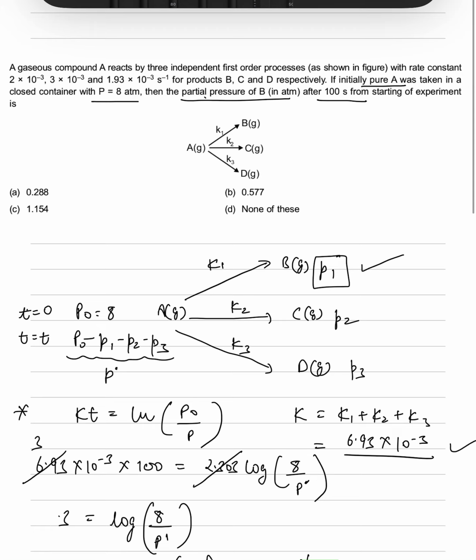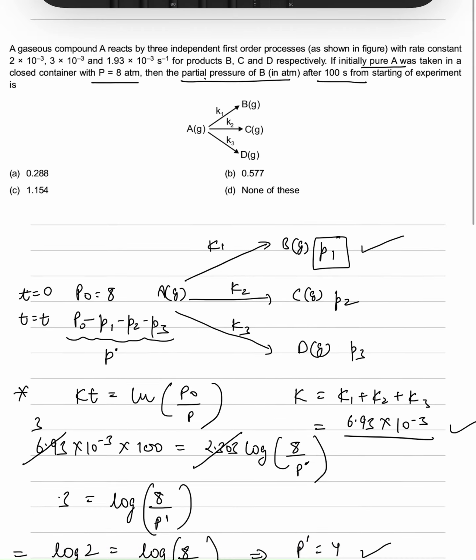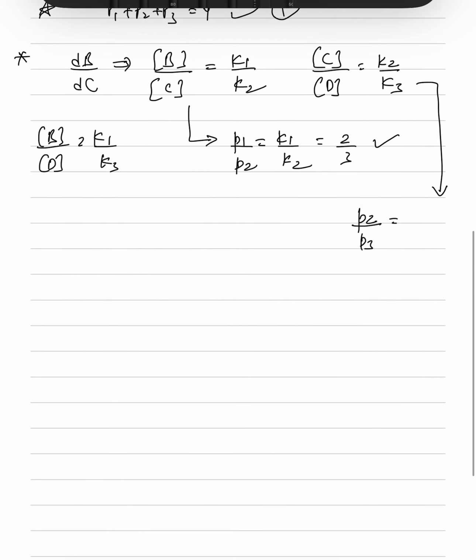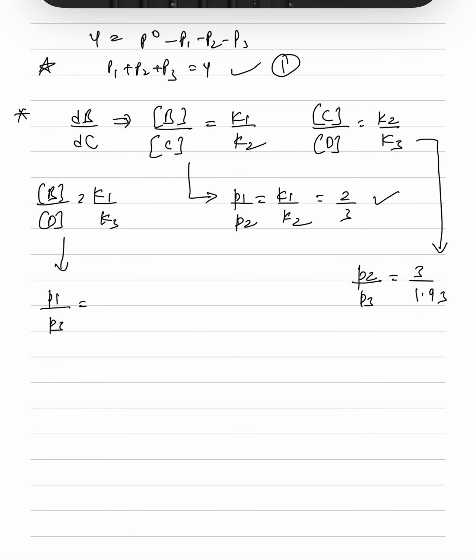So K2 by K3, K2 is 3 into 10 raised to the power minus 3 and K3 is 1.93, so this is equal to 3 upon 1.93, right? And if we talk about B by D, it means P1 upon P3, which will be 2 upon 1.93.